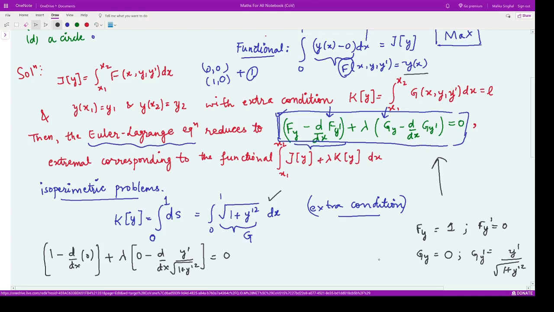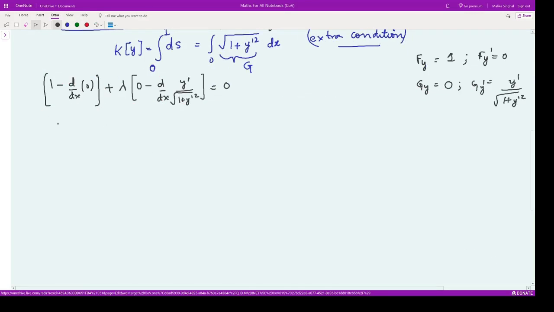So we obtain 1 minus lambda d/dx of y' divided by square root of 1 plus y'^2 is equivalent to 0.